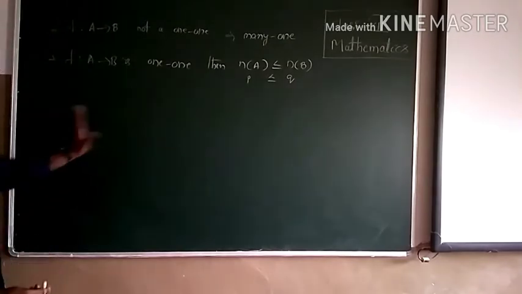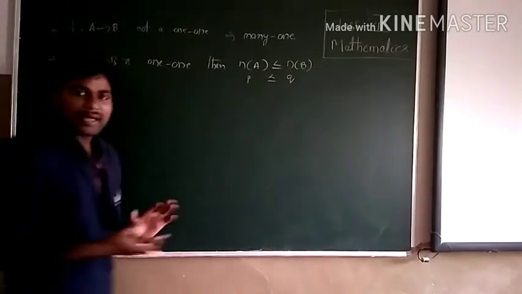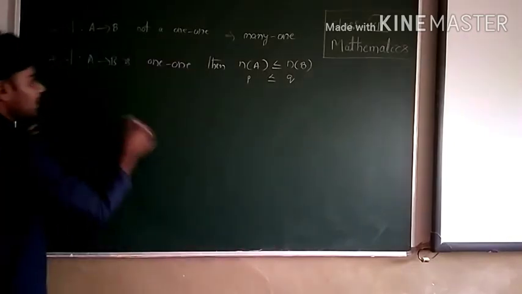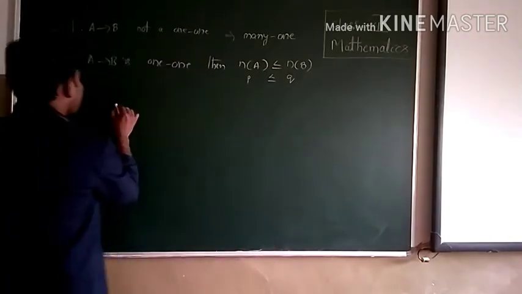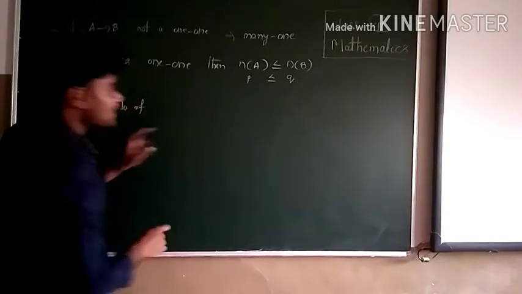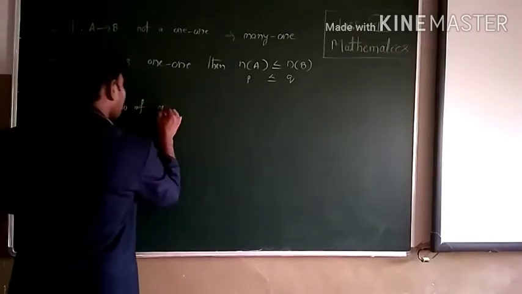Now based on this, we can find out the number of one-one functions from A to B. Here the number of one-one functions we can calculate based on two conditions.